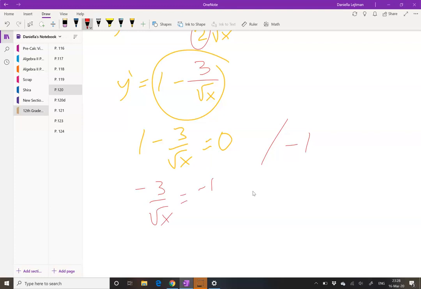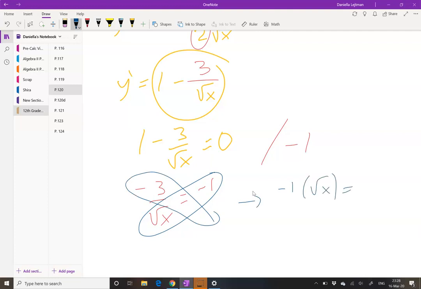And now we're going to do כפל בהצלבה. כפל בהצלבה is when we multiply these guys and we set it equal to this. So I'm going to write over here minus 1 כפול שורש x שווה minus 3. Okay, so I have minus שורש x equals minus 3. I'm going to לחלק both sides by minus 1. So we have שורש x equals 3.